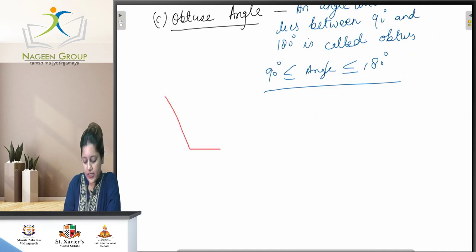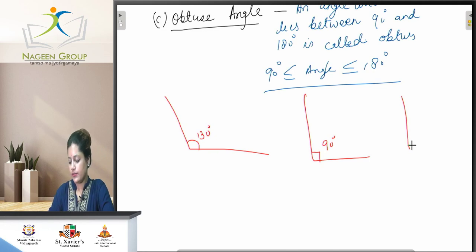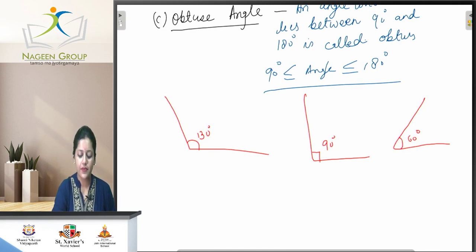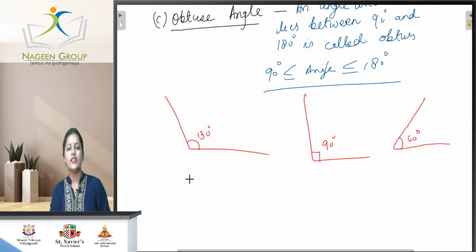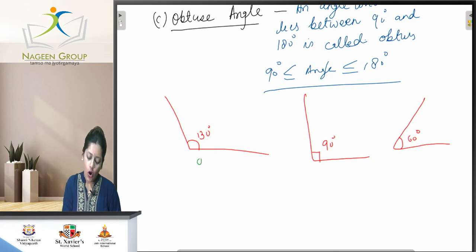It is this, that is 130 degrees, this one, that is 90 degrees, and this one, that is 60 degrees. Which angle is each of the three? If we name them, the angle greater than 90 degrees and less than 180 degrees is obtuse.